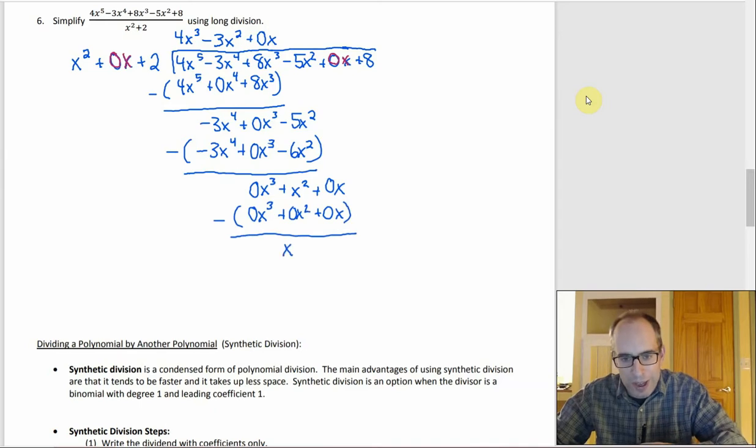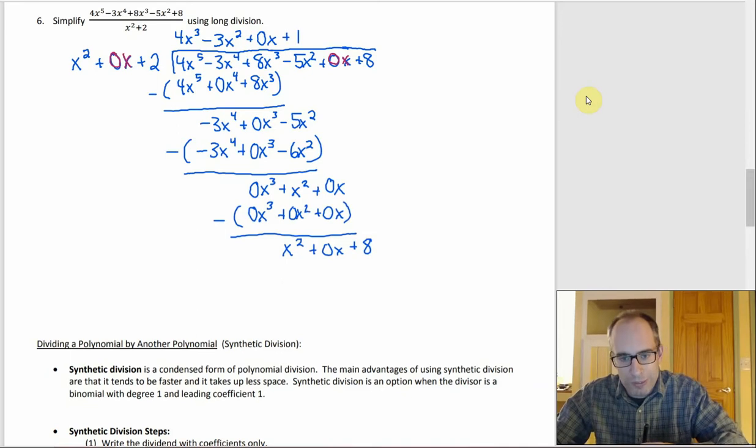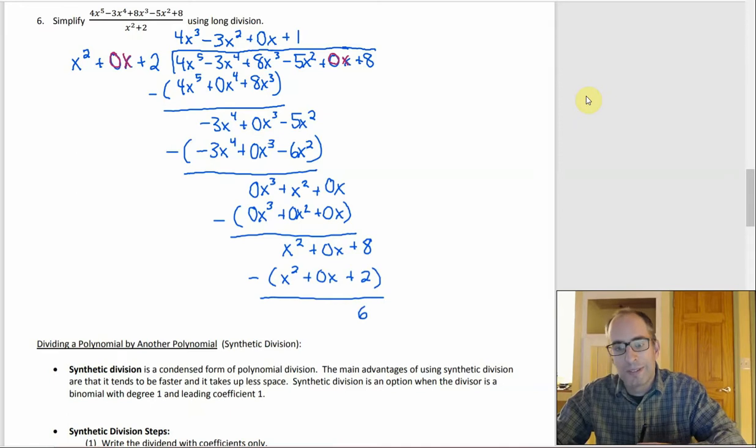Subtracting there, you'd have x squared plus 0x plus 8. And then what do we need to multiply x squared by to get another x squared? It's just 1. So plus 1, because 1 times x squared is x squared. And you get x squared plus 0x plus 2. And if we subtract that, we're going to end up with 6, from the 8 minus 2. That's all that's going to be left over.